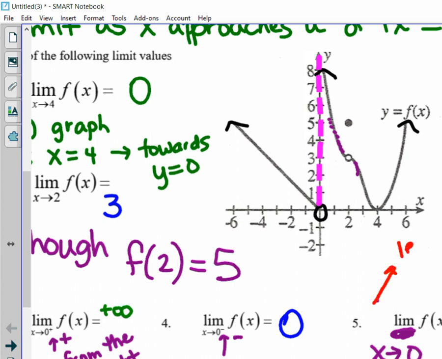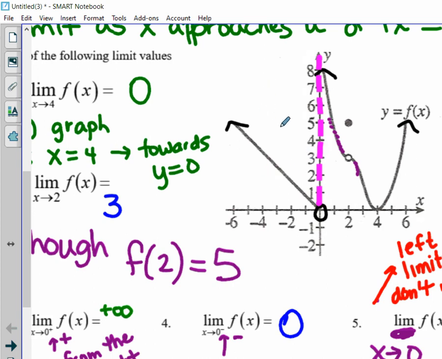because when we look at the behavior from the left and the right, the limits don't match. They're not equal. We don't have the same behaviors going from one side as the other. We had the same thing, left and right of 4 got us the same place.